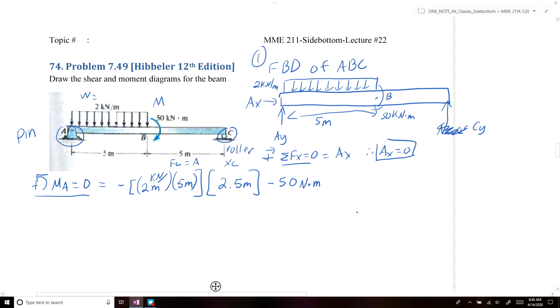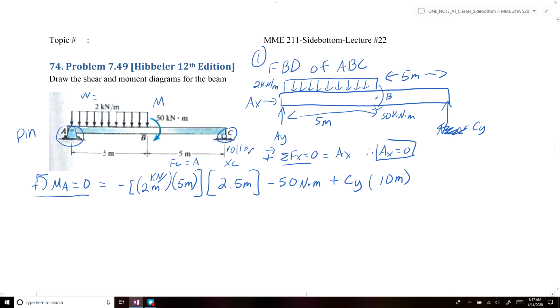And then the last thing we have to do here is include the moment due to the roller force, Cy, and multiply that by the total length, which would be equal to 10 meters.